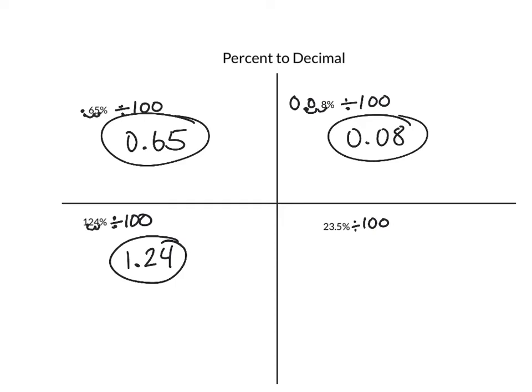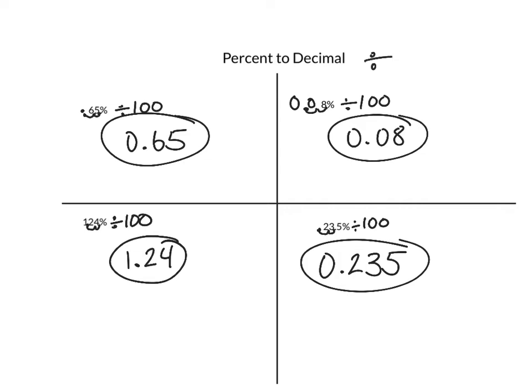Okay, and percent signs are always out of 100. So we want to take it out of percent form by dividing by 100. Move the decimal twice to the left. I'm going to get 235 thousandths for my decimal form. Okay, percent to decimal, divide by 100.